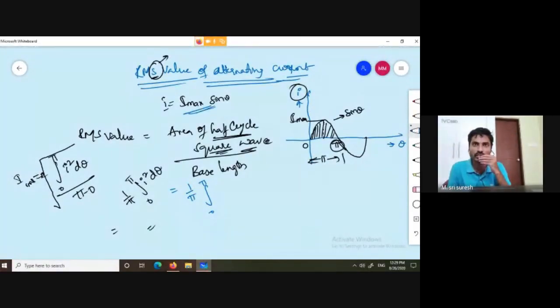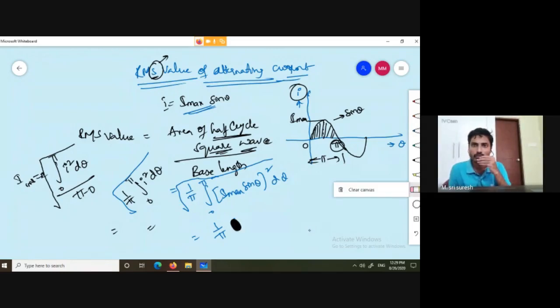In the place of i, we substitute the equation, that means I max sine theta whole square d theta, times 1 by pi, and after that I apply the root. Take I max square outside, for sine square theta d theta.